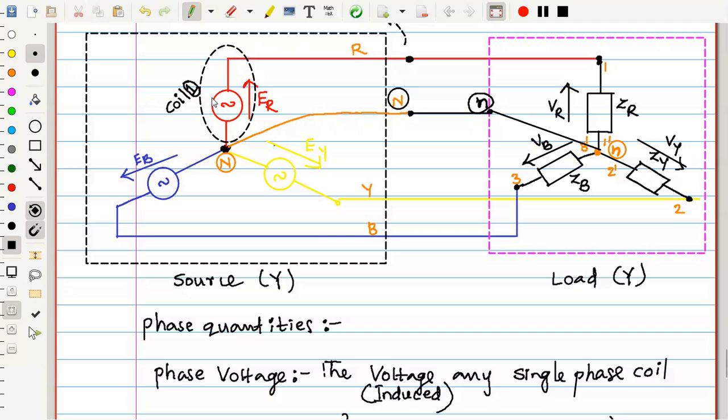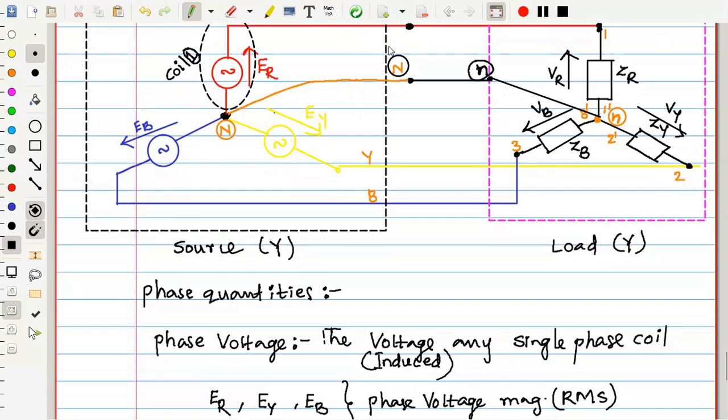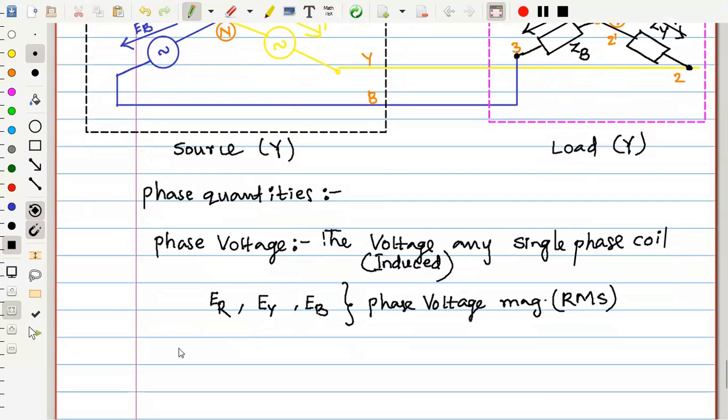So this coil 1 is basically connected between the terminals R and N. So we can call this, using the same notation, ERN: R phase to neutral is nothing but coil 1. The voltage is equal to ER.